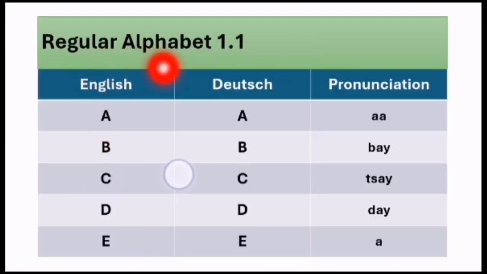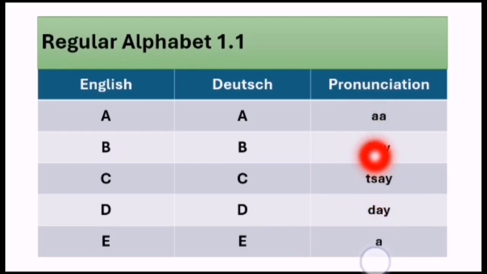Now the regular alphabet. We will start from the very top, from A. But look carefully at this slide. You see that this is English and this is Deutsch, but the pronunciation is different here.